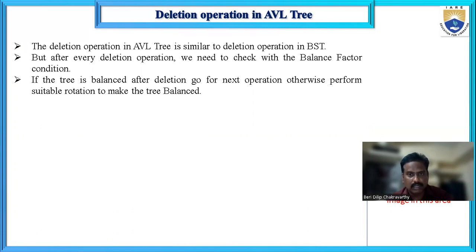Then insertion, where we got some problems and used rotations. Deletion in an AVL tree is similar to deletion in a binary search tree, but after every deletion we need to check the balance factor. If the tree is balanced after deletion, no problem, go for the next operation. Otherwise, perform the suitable rotation to make the tree balanced.